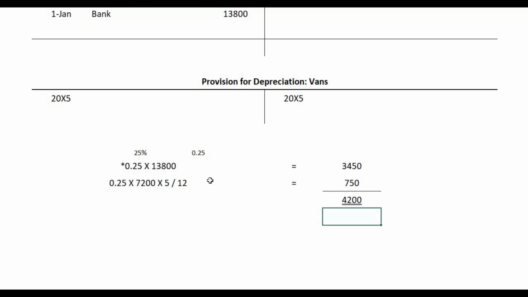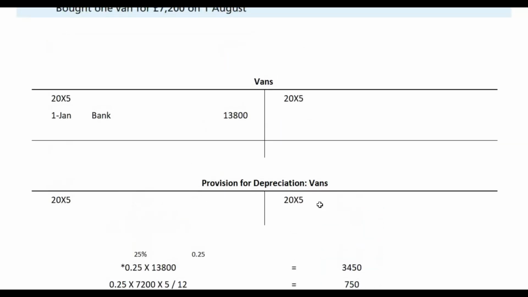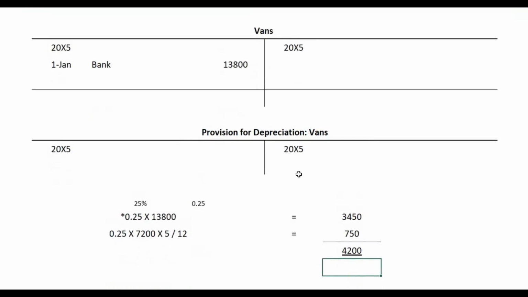So we get £4,200. We will write this on the credit side of the provision for depreciation, and the date we will write is 31st December, profit and loss, because this is going to be used in the profit and loss account, 4,200.